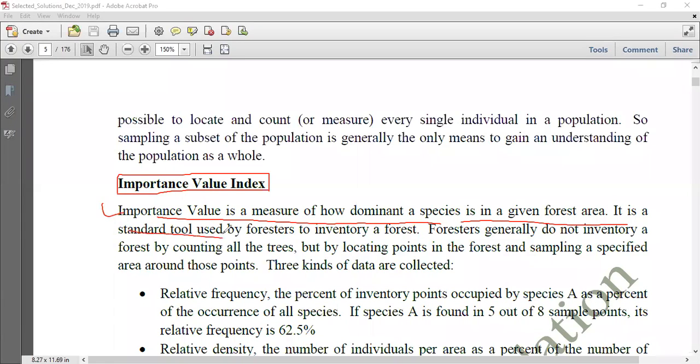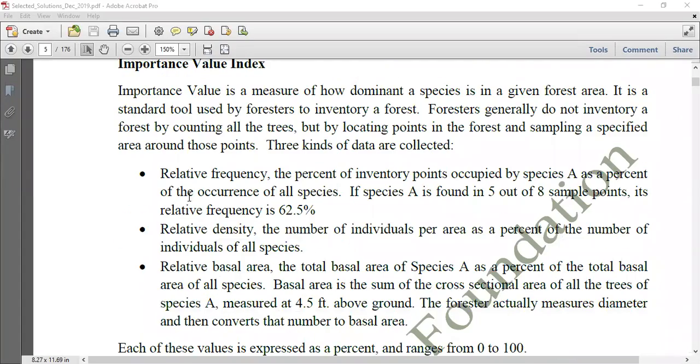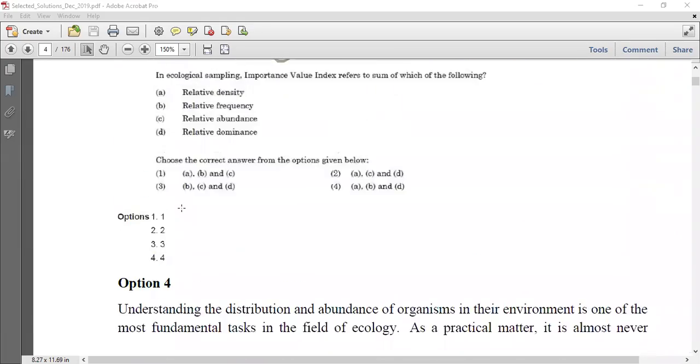It is a standard tool used by the forester for inventory of the forest. Foresters generally do not inventory forestry by counting all the trees, but by calculating some points of the forest and sampling.